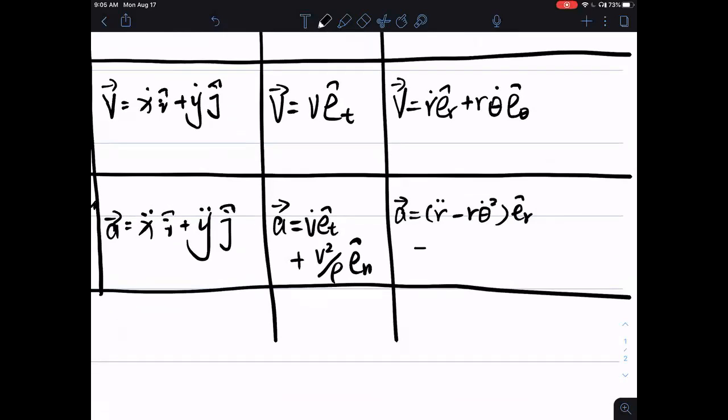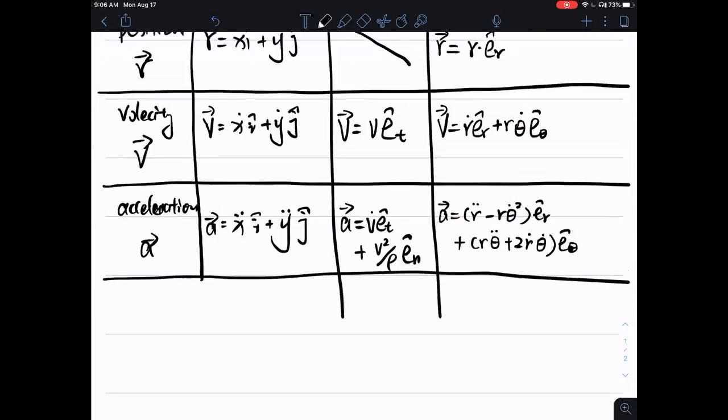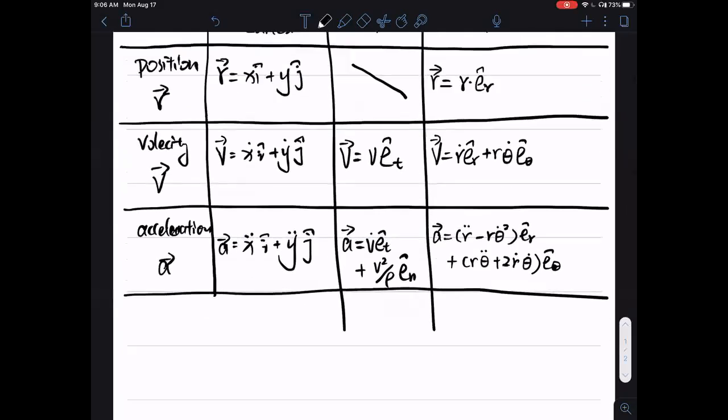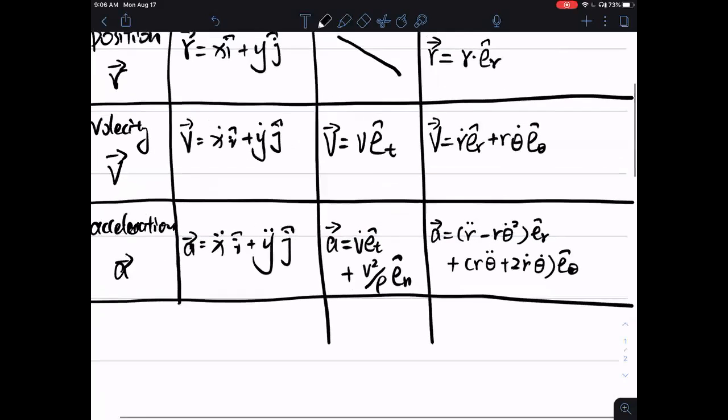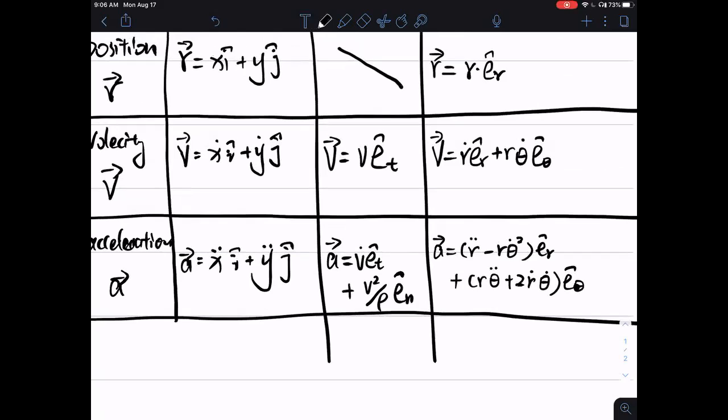We need plus r theta double dot plus 2 r dot theta dot, e theta hat. That's for acceleration. Okay, those are all the equations we learned last week, and everything is inside this table now.